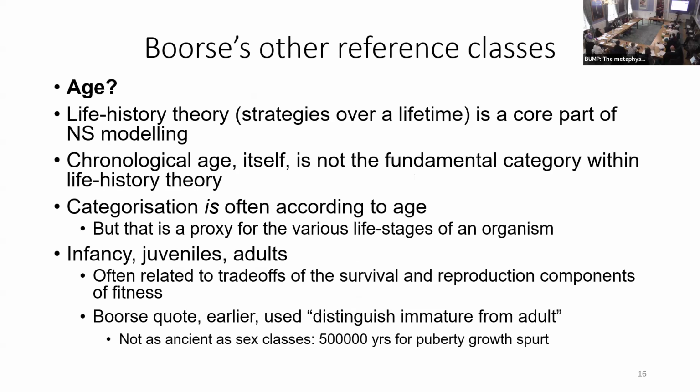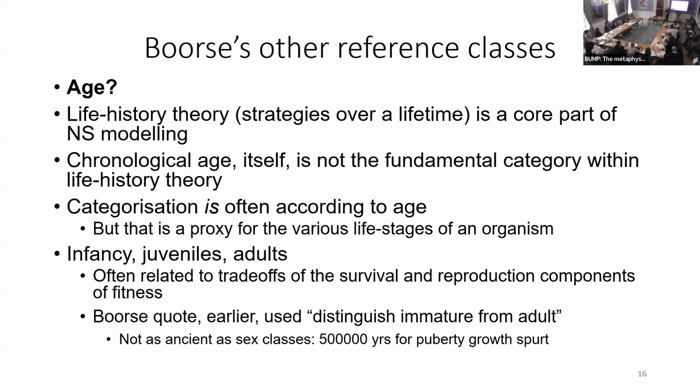Age. Life history theory is a core part of natural selection modeling. Life history theory is the analysis of variation in strategies across a lifetime. Chronological age itself is not a fundamental category, although sometimes the categorization is according to age, but that's just a proxy. Really, these are life stages of organisms. So stages of infancy, being a juvenile, being an adult, are related to trade-offs between the survival and reproduction components of fitness.